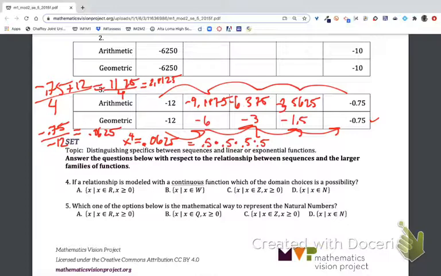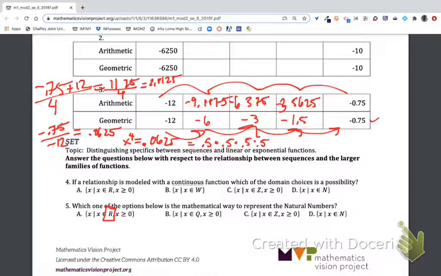For the set portion, we're talking about the content that we just found a way to firm up. So we want to represent the natural numbers. The natural numbers, remember, those are our counting numbers, ones that we can make a team with.